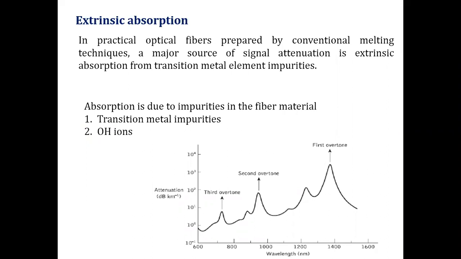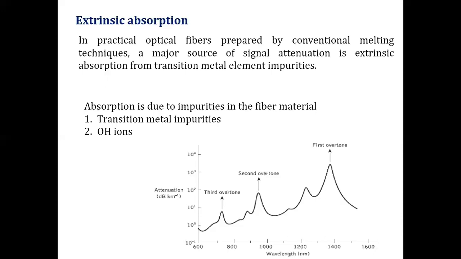This melting technique is a major source of signal attenuation in the extrinsic absorption, from the transition metal element impurities and due to water dissolved in the glass. So this absorption occurs due to two impurities: one is transition metal impurities and another one is OH ions. First we can see the transition metal impurities.